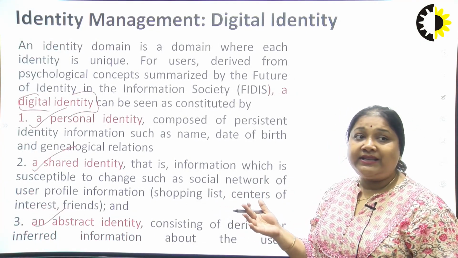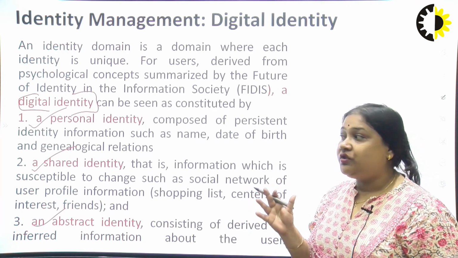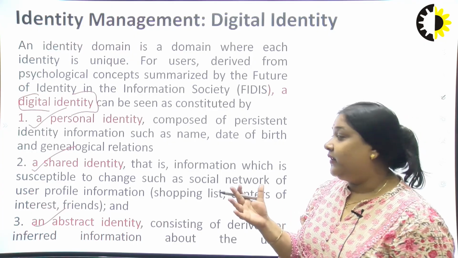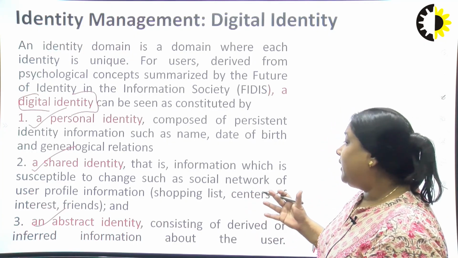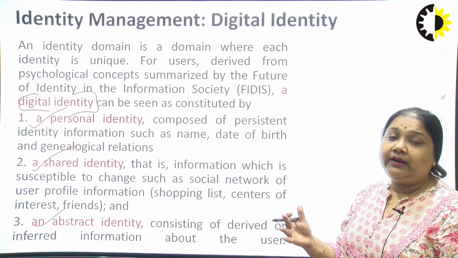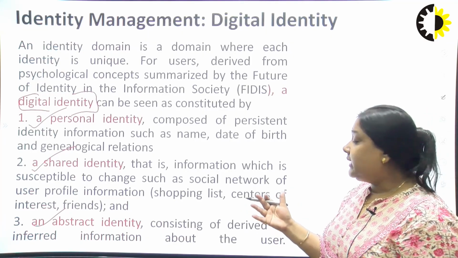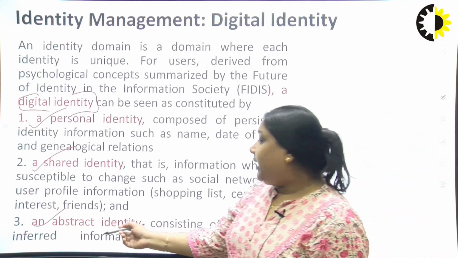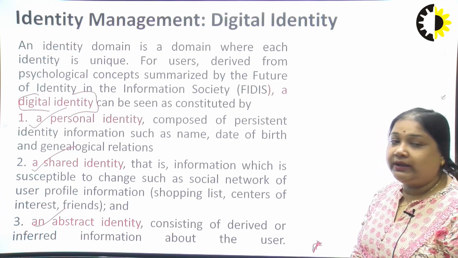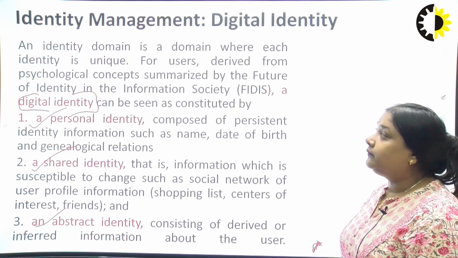Shared identity means information which is susceptible to change, such as social network user profile information, like the list of items that the person frequently purchases on shopping sites. An abstract identity consists of derived or inferred information about the users.